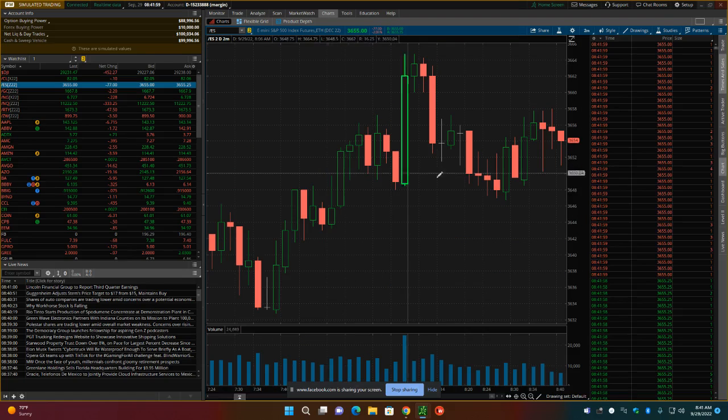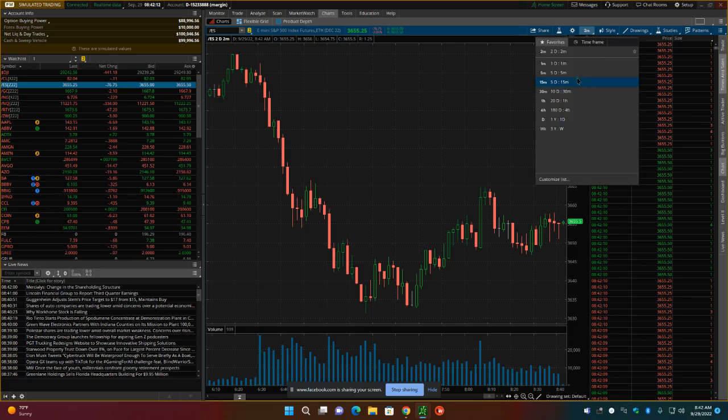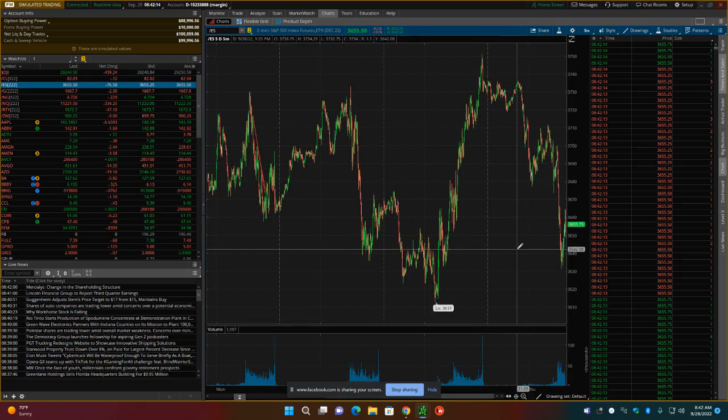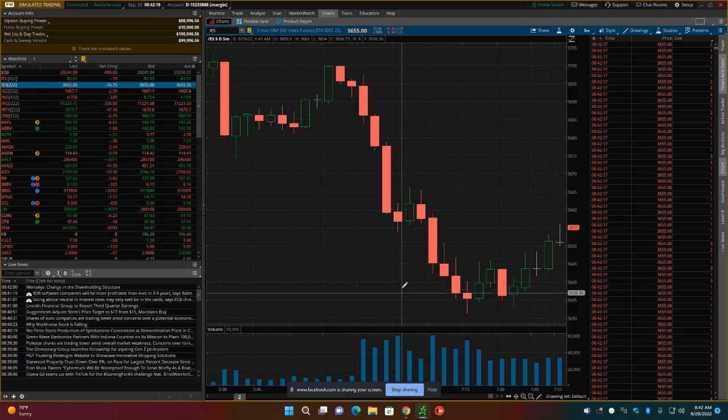So we can just watch this. It's still on an uptrend right here, a mini uptrend there, so we would do a 5 minute. It's still an uptrend on a 5 minute chart.